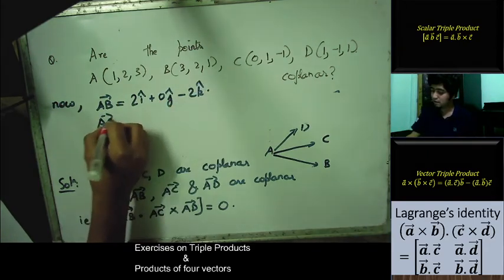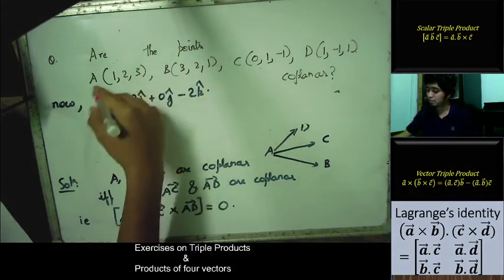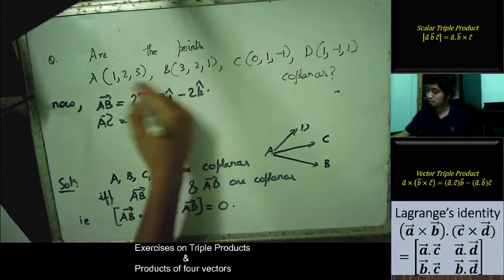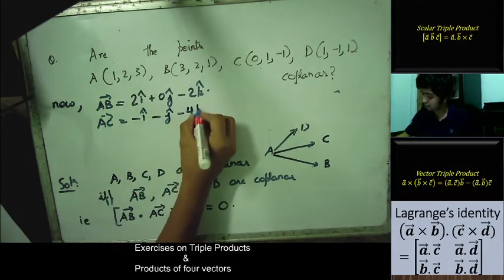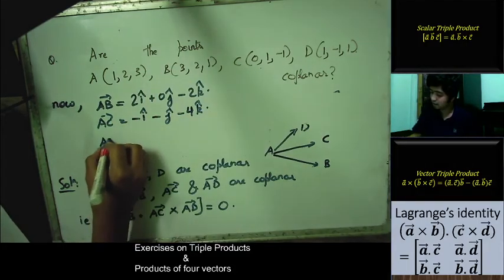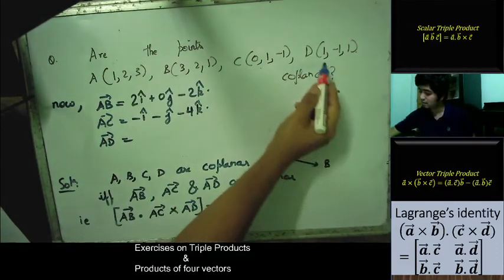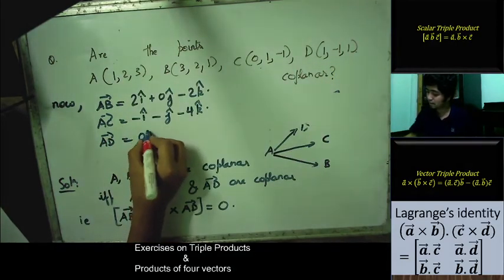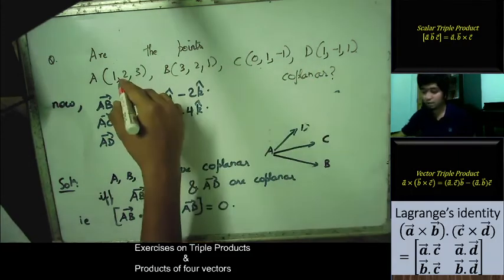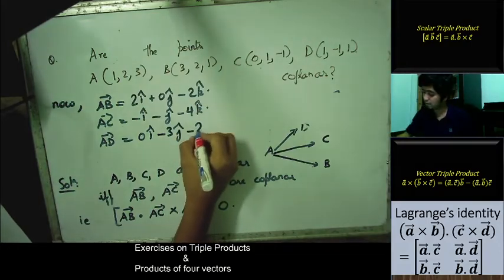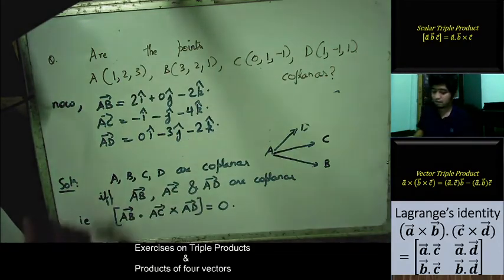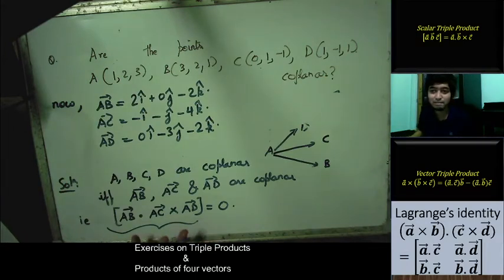AC will be C minus A: 0 minus 1 gives minus 1, 1 minus 2 gives minus 1, minus 1 minus 3 gives minus 4k. And AD bar: 1 minus 1 gives 0i, minus 1 minus 2 gives minus 3j, 1 minus 3 gives minus 2k. Now that we have calculated this, we will calculate the left hand side of this equation and see whether it is equal to 0 or not.